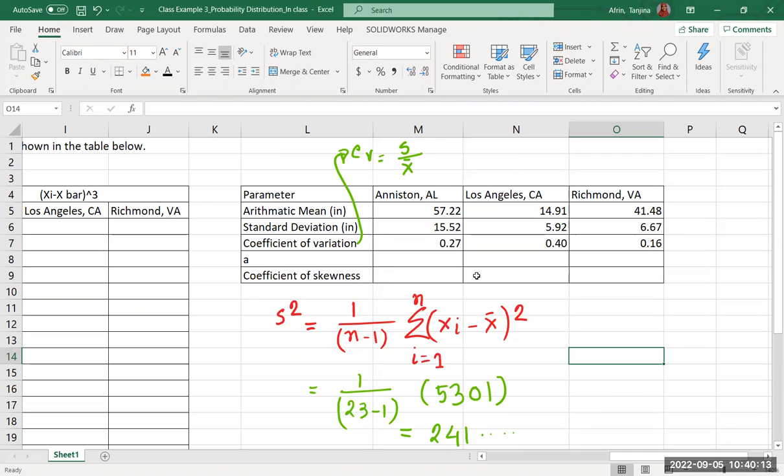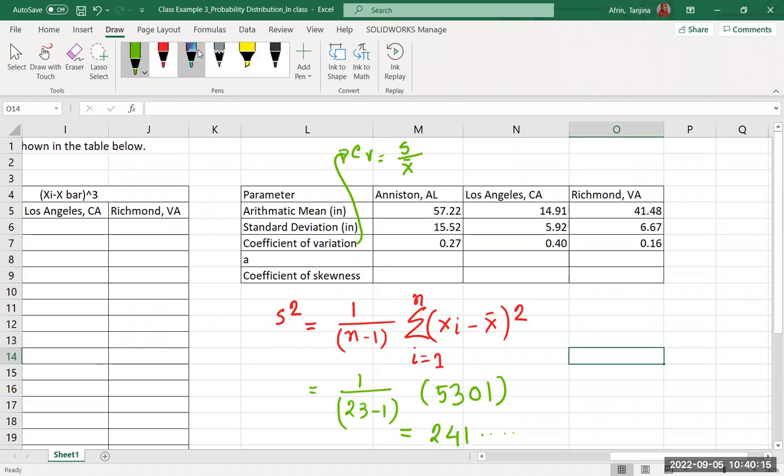So coefficient of skewness, if I write down the equation, the coefficient of skewness is A over S cubed, right?